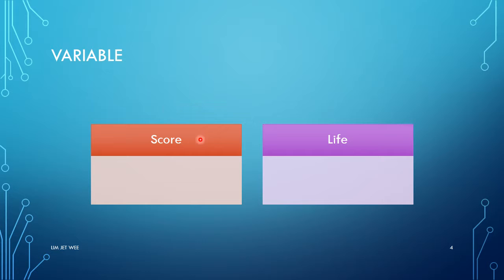For example, I give one variable the name score and another the name life. Assuming I assign the value 0 to score, this value 0 is stored in this imaginary box in the computer's memory.